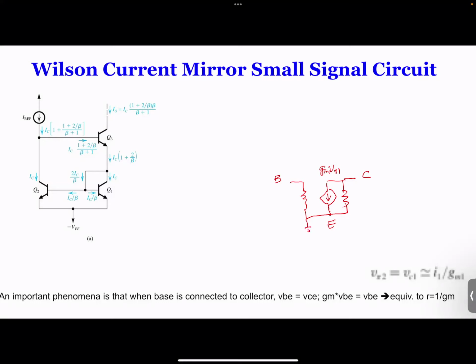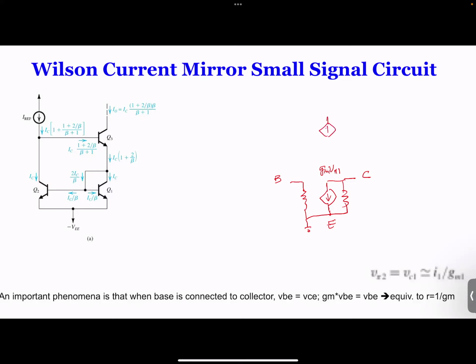And what is connected to the collector? The collector is connected to the emitter of Q3. So now I guess we need to draw Q3. So let's draw Q3.